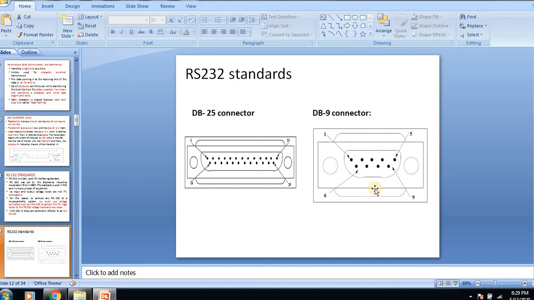In our discussion we will be concentrating on the DB9 connector, that is, the significance of all the 9 pins present in the RS-232 DB9 connector.